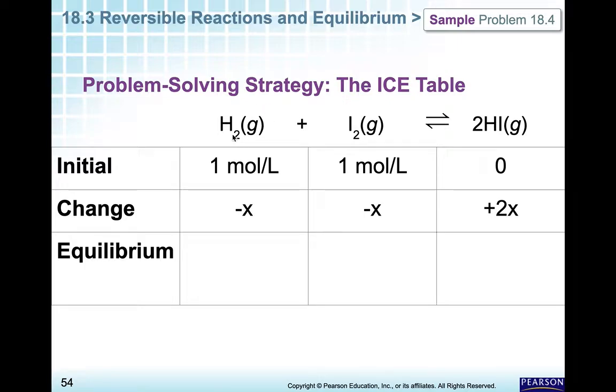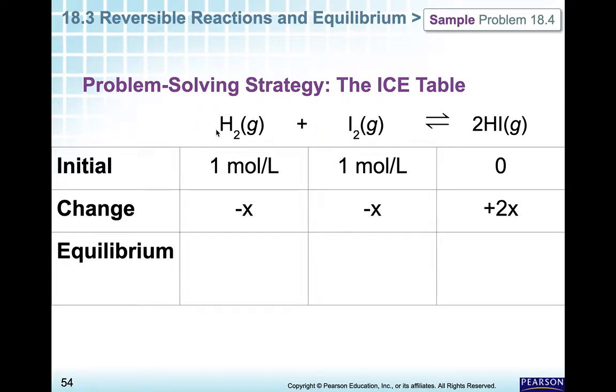If my hydrogen gas is decreasing by some amount x, I'm using up some amount of it, I must use up the same concentration of iodine gas, right, based on these numbers. So I've got minus x for both of these. That's how much it's changing by. And now I need to know how much product I will make if I react x amount of each of these.